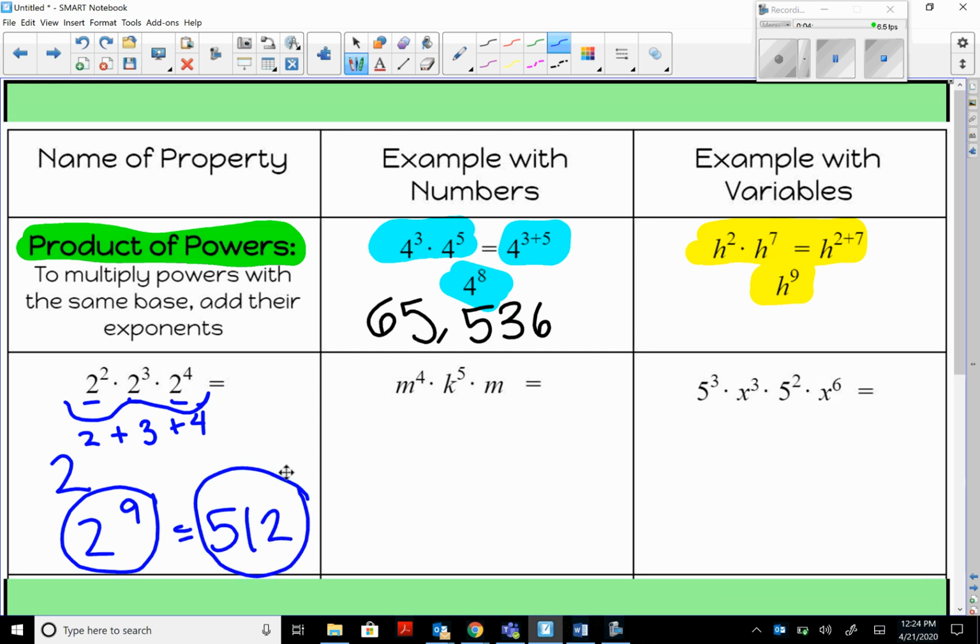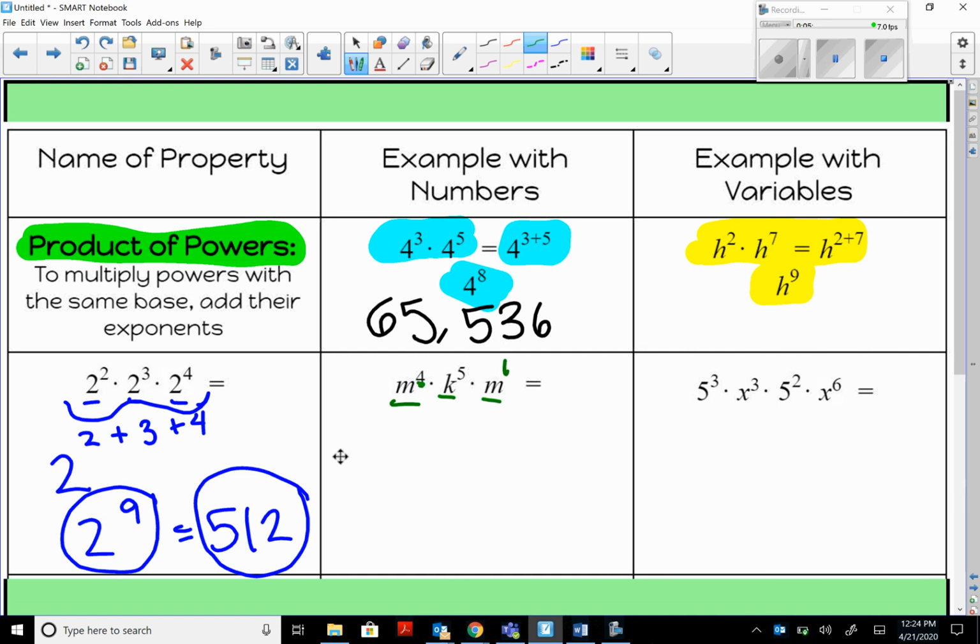Okay, the next one, you'll notice we're multiplying, but we have 2 different variables. We have the variable m, we have the variable k. We are only allowed to add the exponents if the bases are the same. So I cannot add the 4 and the 5. But what I can add would be the 4 and the 1 that's technically not there, but it actually is, because it's just m, which is m to the first power.